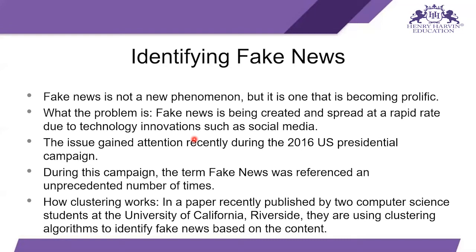And that's why identifying fake news and removing it is an essential part. So how does clustering work? In a paper recently published by two computer science students at the University of California, Riverside, they are using clustering algorithms to identify fake news based on the content. So based on the content, they classify whether this is fake news or not by using clustering techniques.